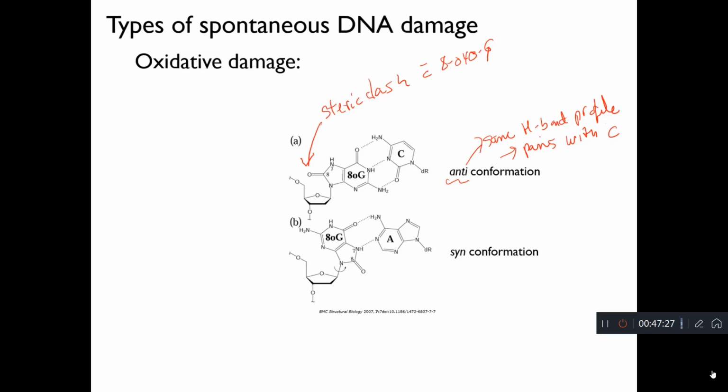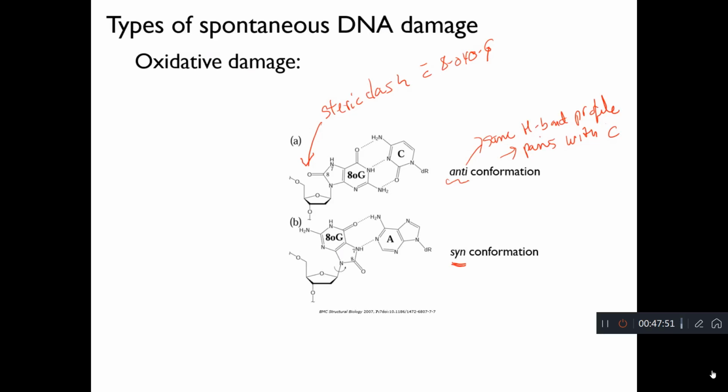And the result of this is that the 8-oxo-G actually does not prefer the anti-conformation. It actually now prefers the syn conformation. Okay, and now in the syn conformation, you of course don't have what you would call normal Watson and Crick base pairing with an incoming base.